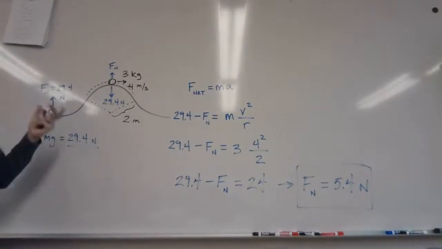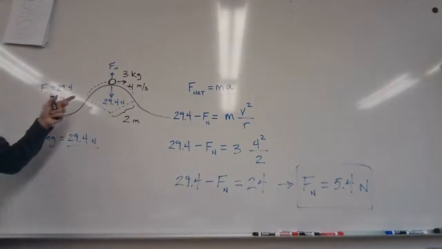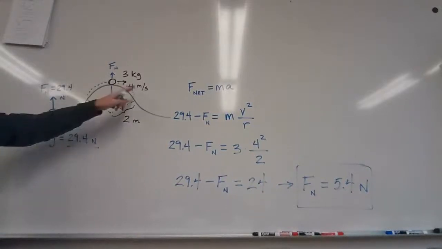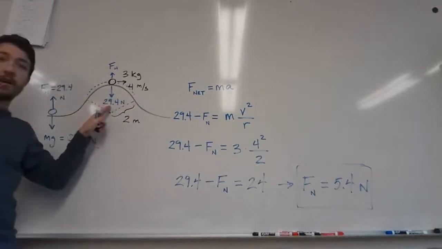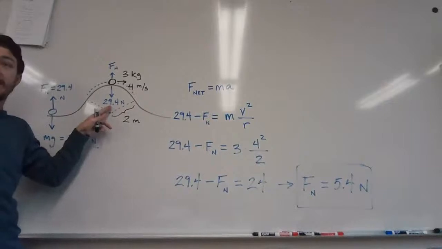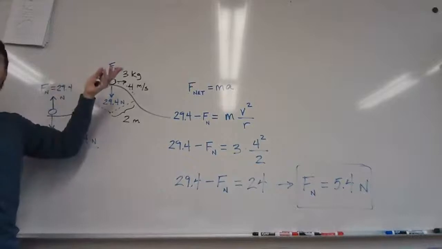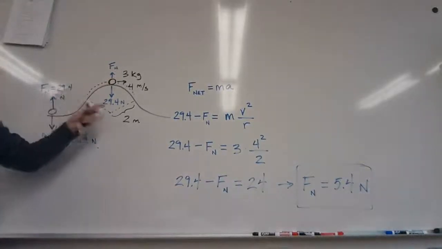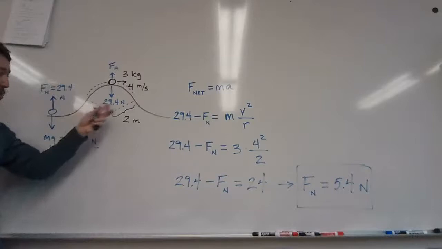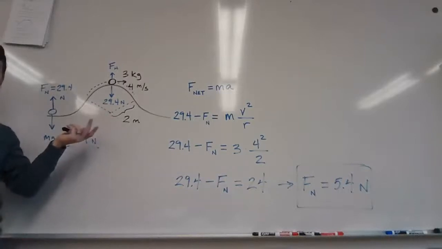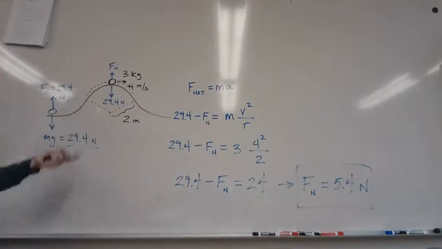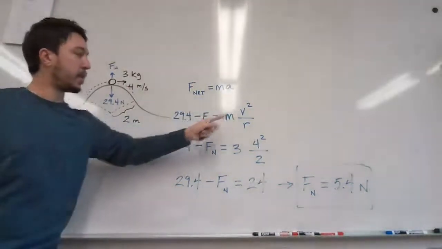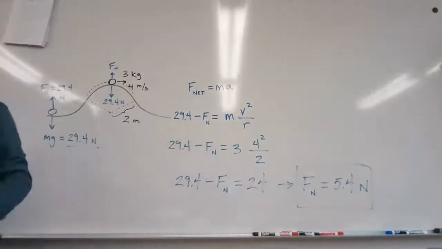And suppose because he was going so fast that 50 newtons of centripetal force would be needed to keep him in the circular path, what would he do? He'd fly off the ramp, because the only downward force we're capable of getting is 29.4. It can't come from anywhere else. The track can only push him up. That's not going to help. So if we increase this V value, then this number would end up having to be negative.